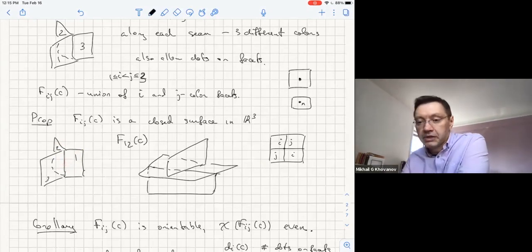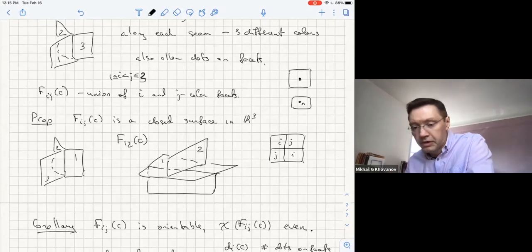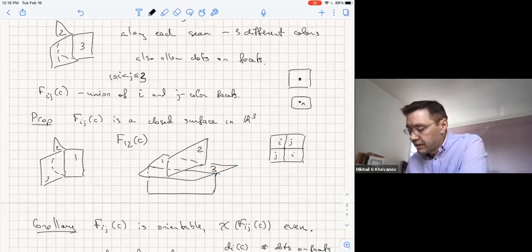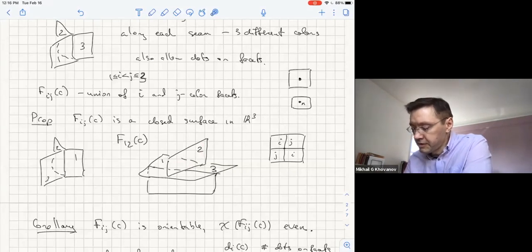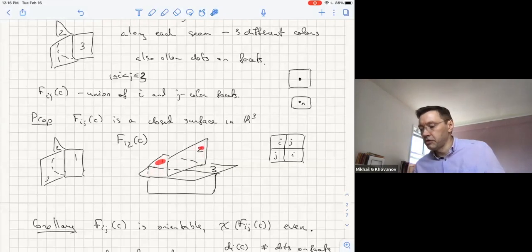So finally, we look at singular vertices. Let's say that the coloring has 1 for this corner and 2 for this corner. Then this corner is adjacent to both 1 and 2, so it must carry label 3. Now this facet is adjacent to both 1 and 2.